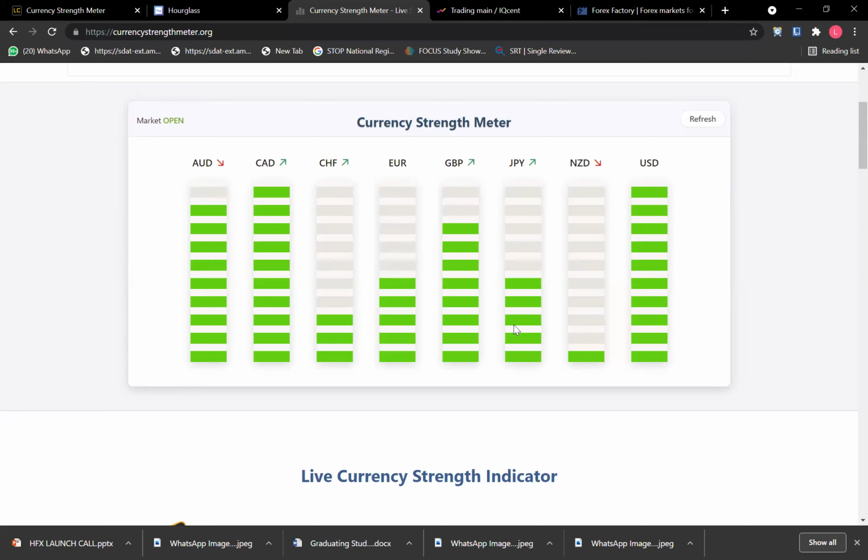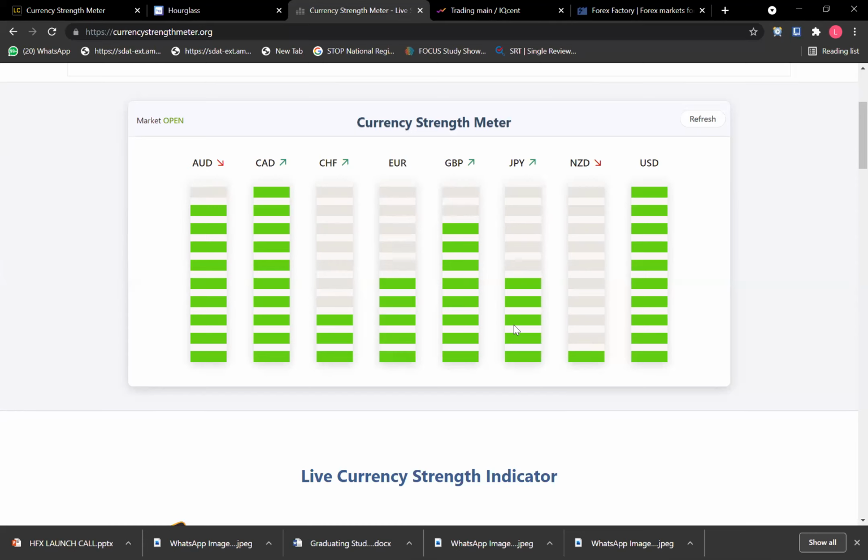Is it the buyers or the sellers? Euro or USD? Exactly. So is the market going to buy or sell? Good. The market is going to sell.